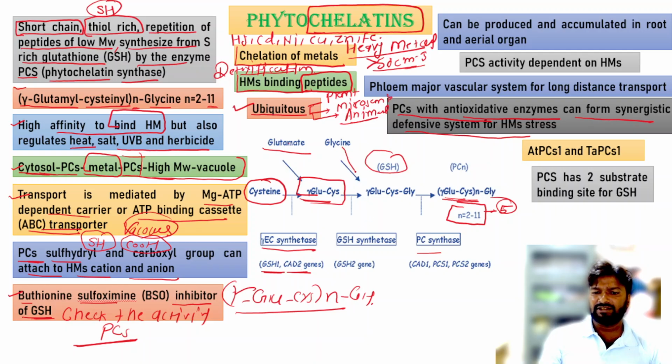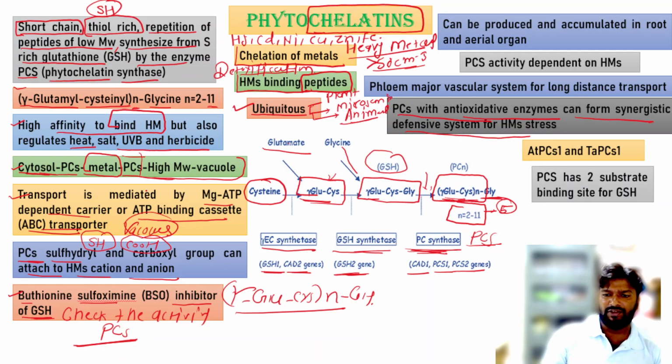In the next step, glycine is attached to this peptide in the presence of GSH synthetase, and GSH2 genes are involved during this process, forming gamma glutamyl cysteine glycine. And the final step is where the PCS enzyme is involved, and CAD1, PCS1 and PCS2 genes are involved in this reaction, and it forms n peptides of glutamyl cysteine, with glycine as the end amino acid. Okay, so this is a simple process where they form the phytochelatins.